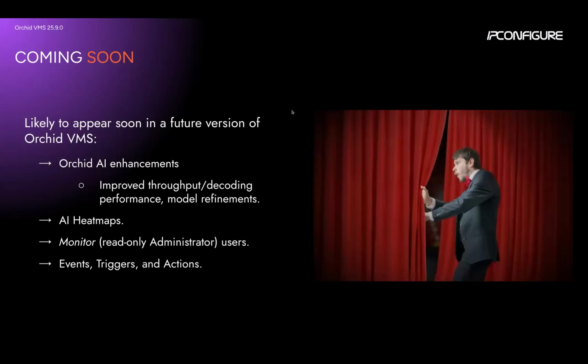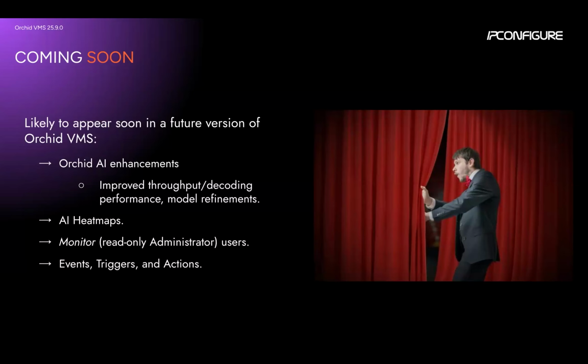Again, very exciting. As we look to the 25.12 release at the end of the year, I've already mentioned a few of the things that are likely to appear, not necessarily guaranteed. We're looking to make some additional Orchid AI enhancements, improving the throughput and decoding performance, like I mentioned, and refining the object detection models that are distributed with Orchid AI.